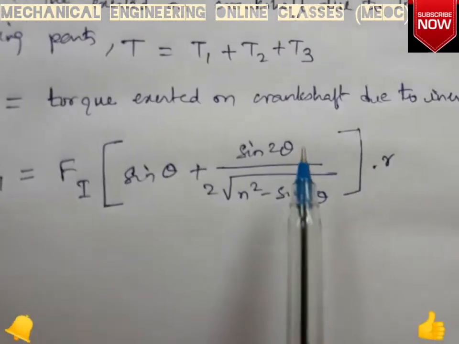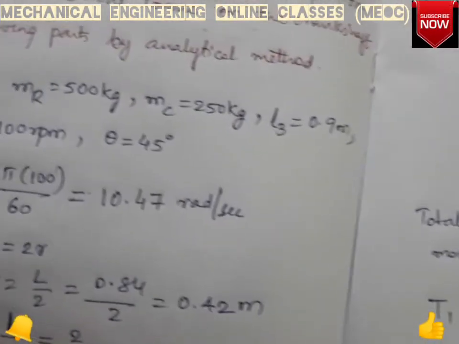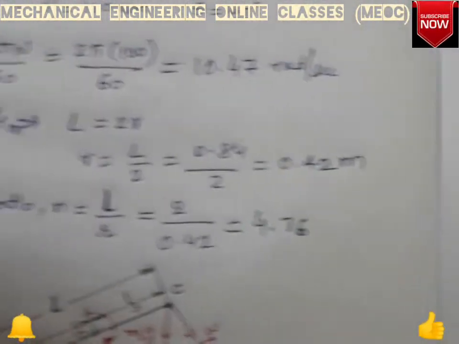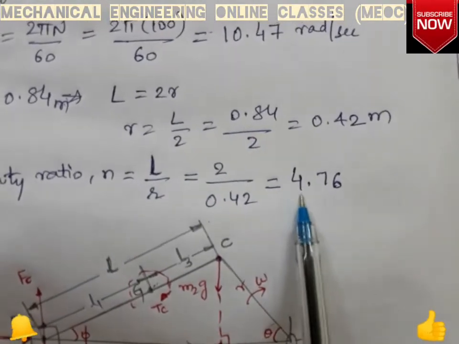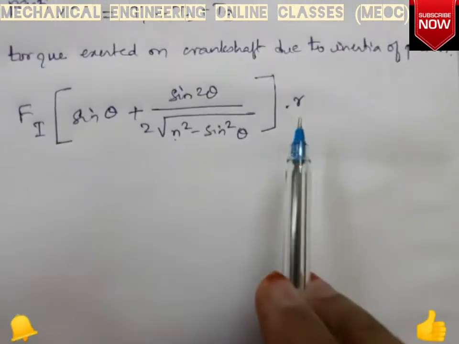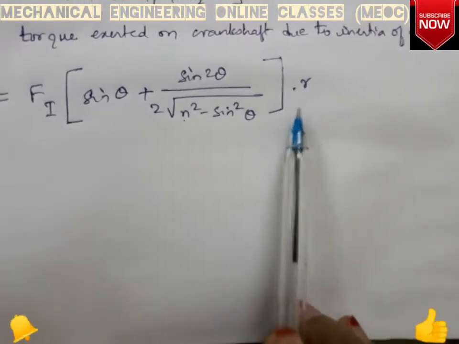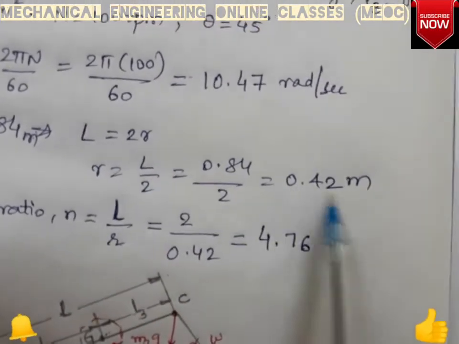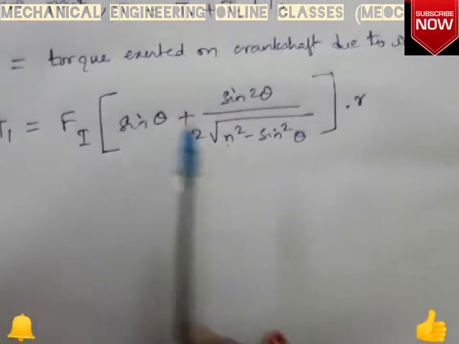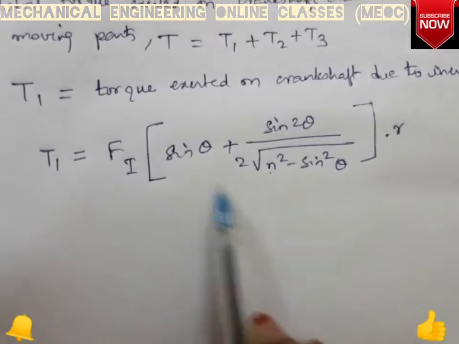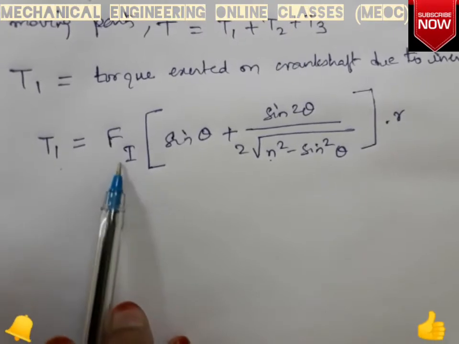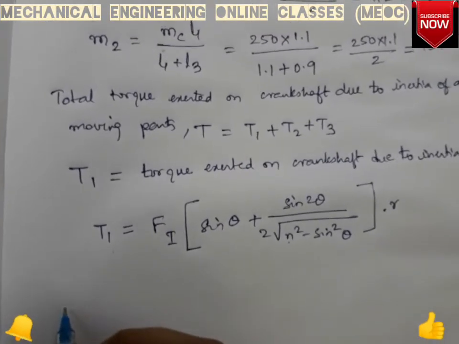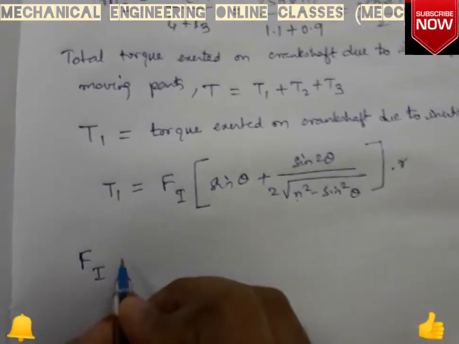Here theta is given as 45 degrees. n we just calculated and found to be 4.76. r is not given, but we found r from the given length of stroke. r is found as 0.42. So to find T1, we know all of these things. All we need to find is Fi, and from the previous video we have already derived the expression for Fi.